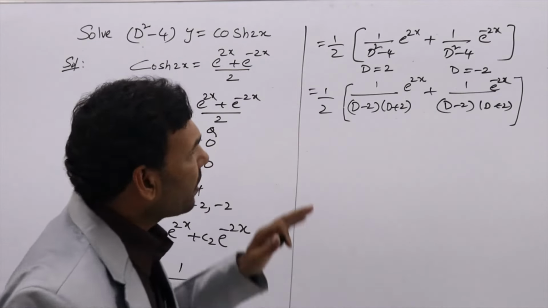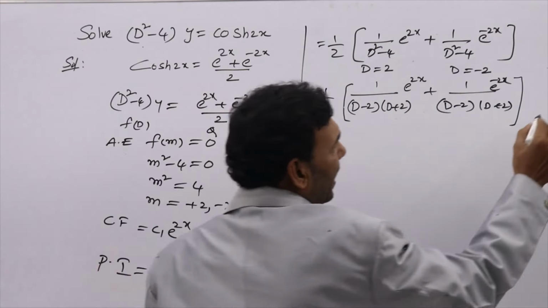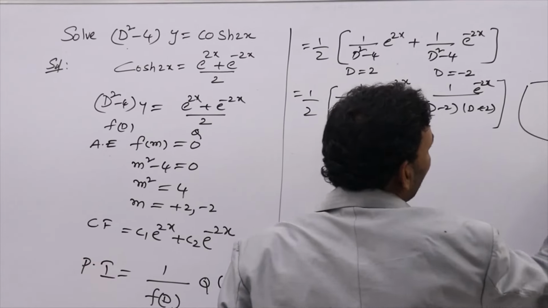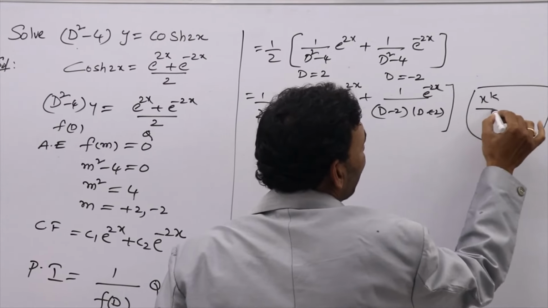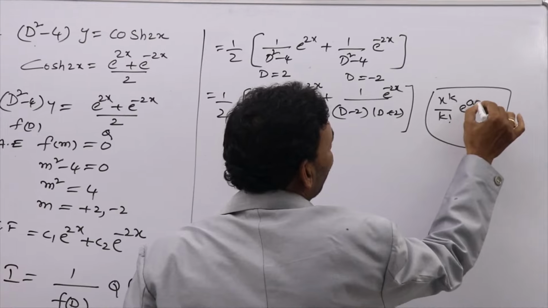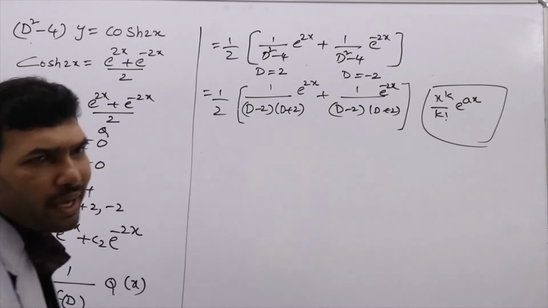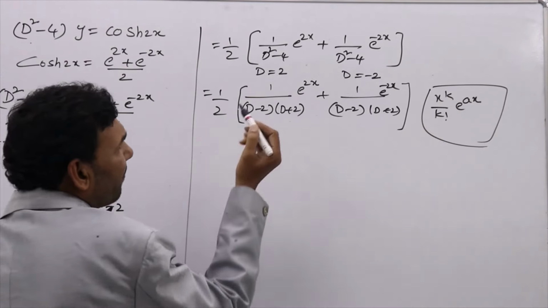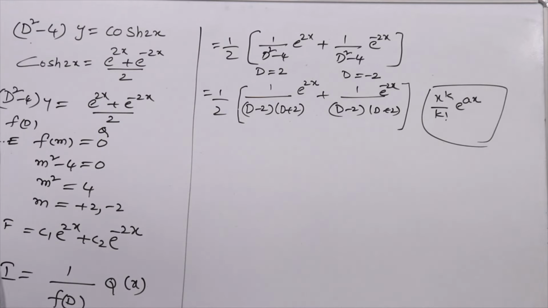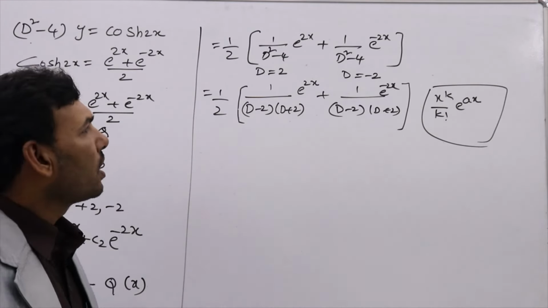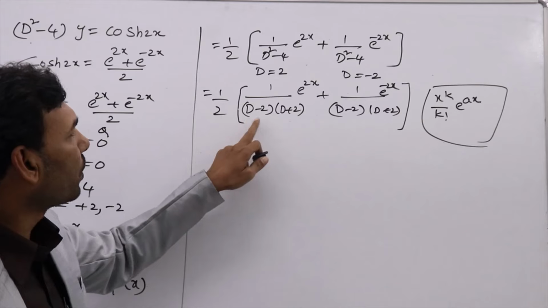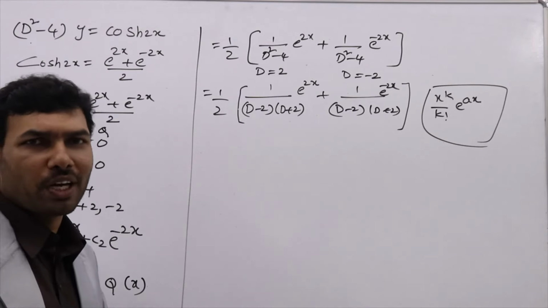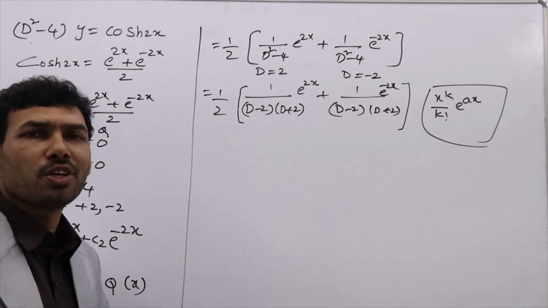Whenever you get 0, I said to use one formula, that is x power k by k factorial into e power ax. K means the number of factors that become 0 when D is replaced by a. If you write 2 in the place of D, in these two, how many factors become 0? If one factor becomes 0, k is 1.